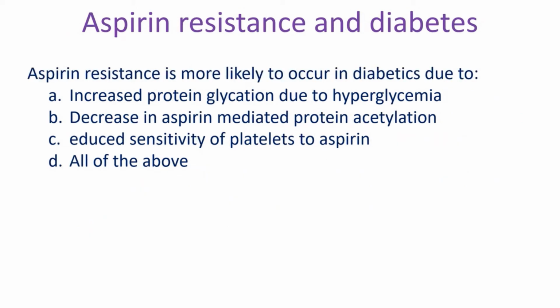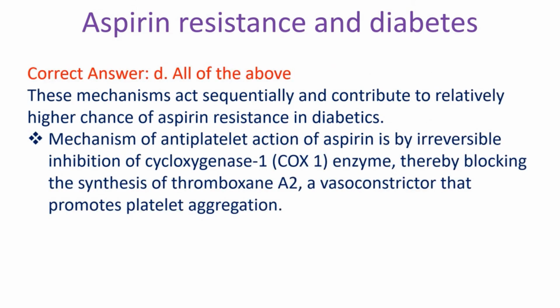Aspirin resistance is more likely to occur in diabetics due to A. Increased protein glycation due to hyperglycemia. B. Decrease in aspirin-mediated protein acetylation. C. Reduced sensitivity of platelets to aspirin. D. All of the above. Correct answer D. All of the above.